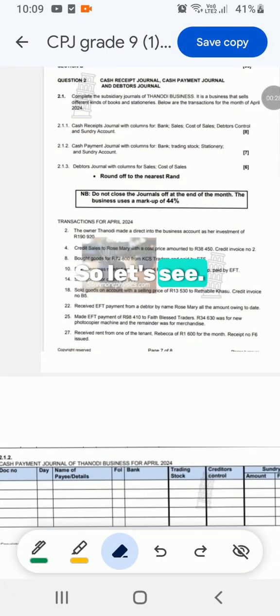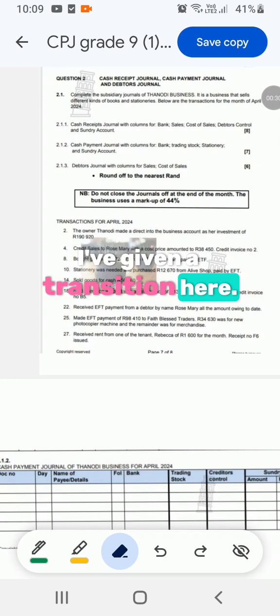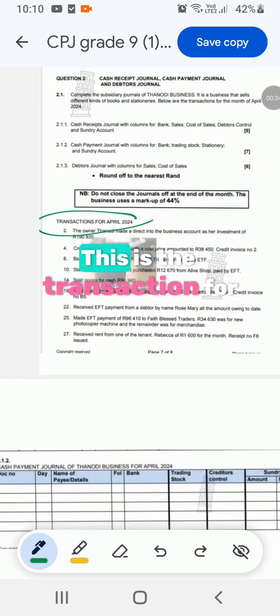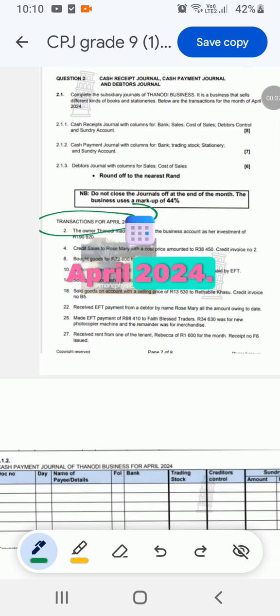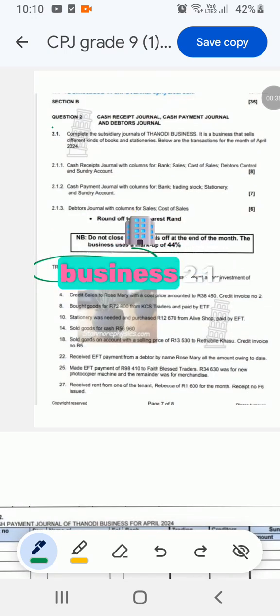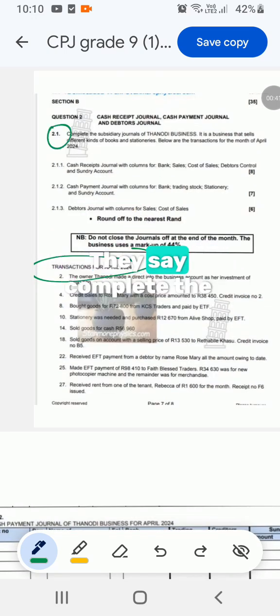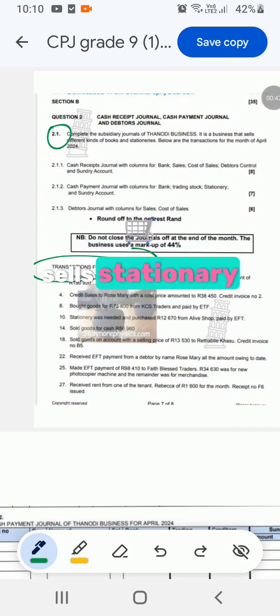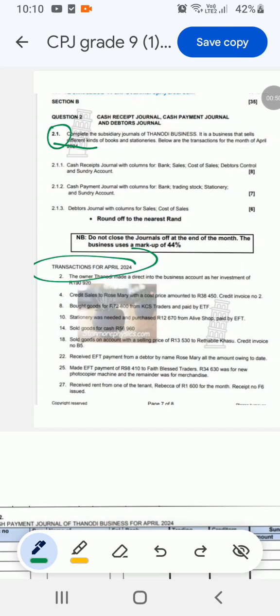So let's see. We're given a transaction here. This is the transaction for April 2024. Let's look at the kind of business. They say complete the subsidiary journal of Tanodi business. It is a business that sells stationery and books.